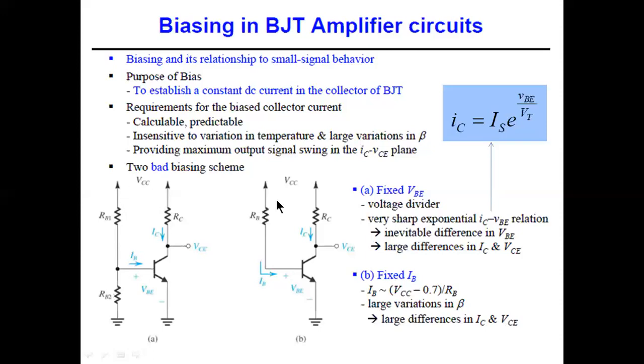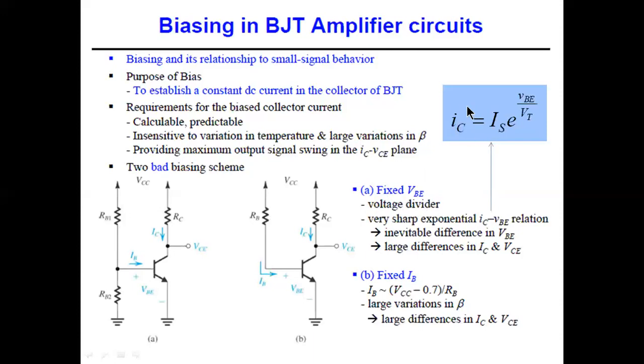It will be straight away the value of VCC, and this will just give you the base current which is flowing over here. So this value of RB will be straight away corresponding to the parallel combination of RB1 and RB2. So this is the first case where we have the fixed VBE with a voltage divider network.